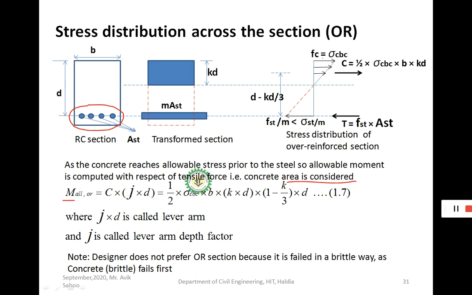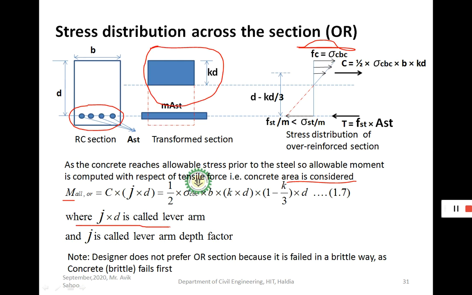So that's why, to compute the allowable moment, we have to consider the concrete area, because the concrete reaches the allowable stress, whereas the steel will not reach the allowable stress.